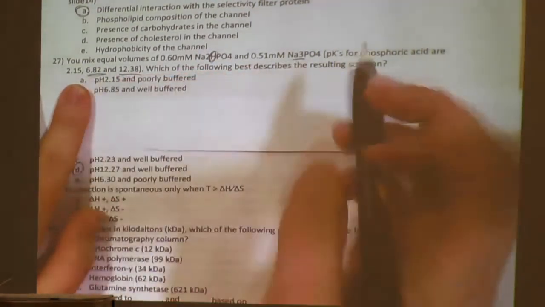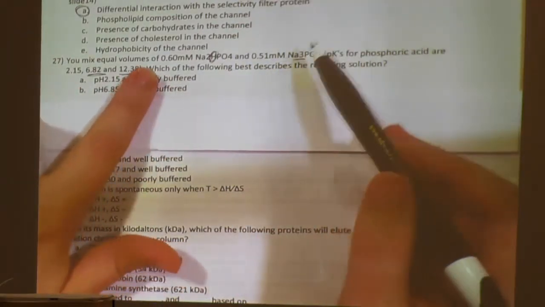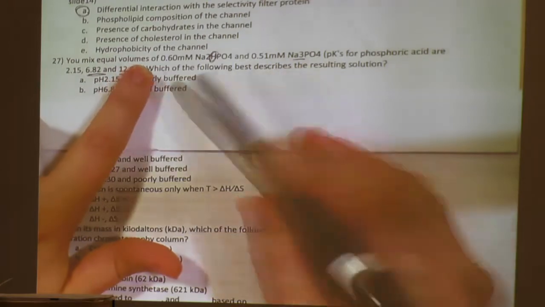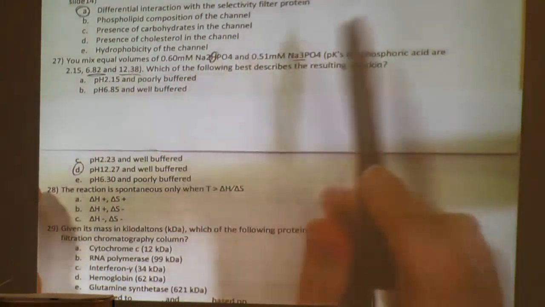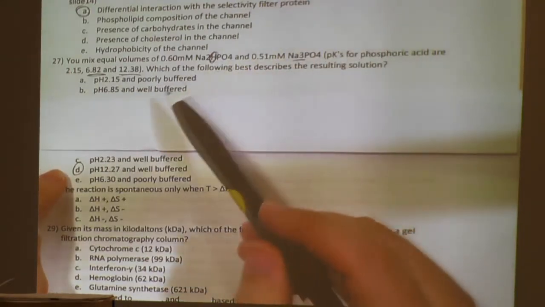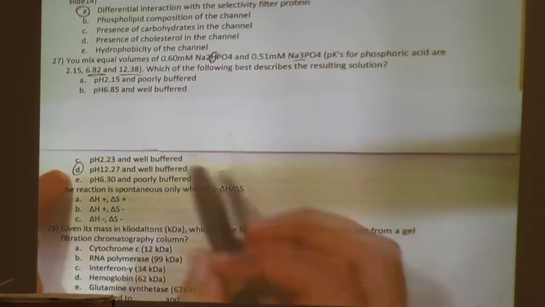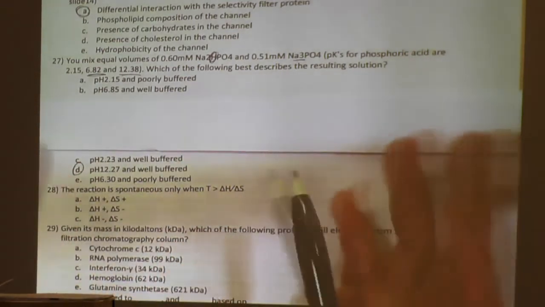Yes. So which one has the highest concentration? The first one. But you mix equal volumes of that. So the only thing that really falls in between the two is going to be pH of 12.27, and it'll be well buffered.